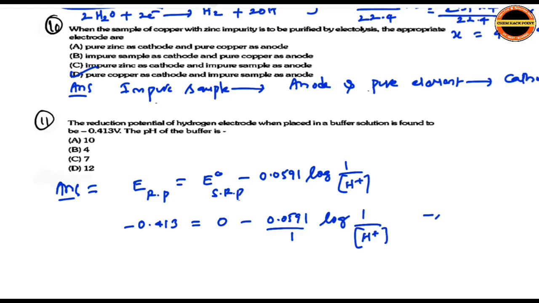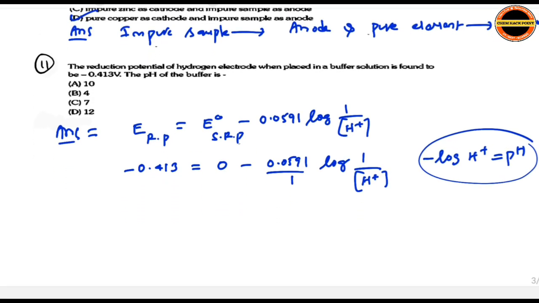Remember minus log H plus is equal to pH. So we need to find the minus log H plus value, that is the answer. If you calculate, you will get pH is equal to 7. This we need to find, both are same.